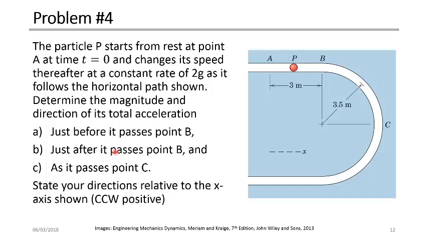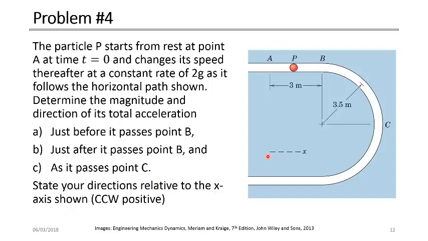Just after it passes point B, what is the total acceleration and the direction? And as it passes point C, so point C before and after point B. State your directions relative to the x-axis.